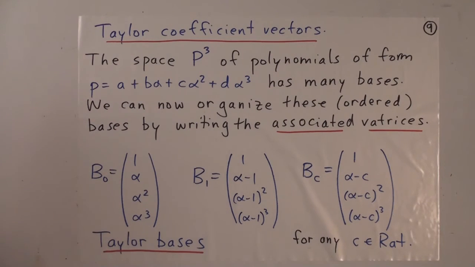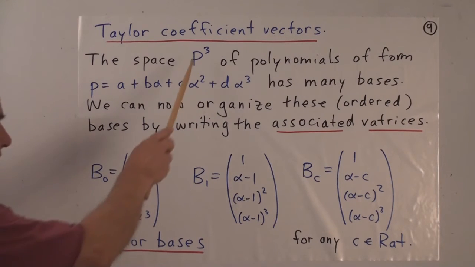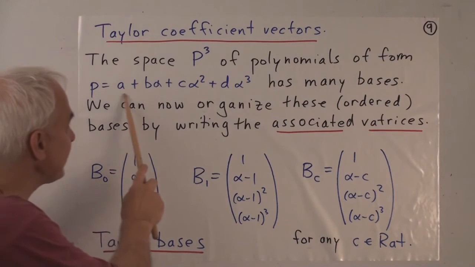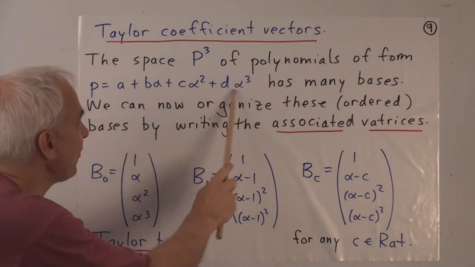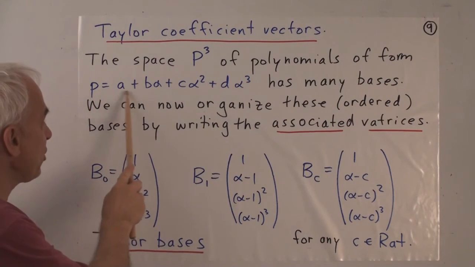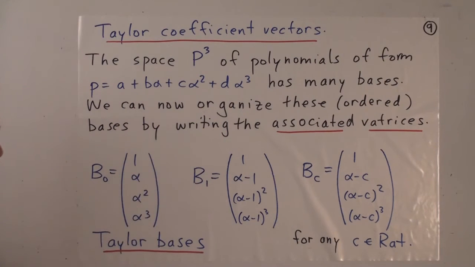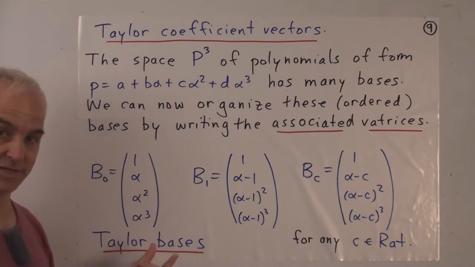The most familiar and standard basis of this space consists of the polynomials 1, alpha, alpha squared, alpha cubed. That's implicit when we write down this expression: we're writing P as a linear combination of 1, alpha, alpha squared, and alpha cubed. So that's a basis, and actually we're going to give a name to the associated matrix.